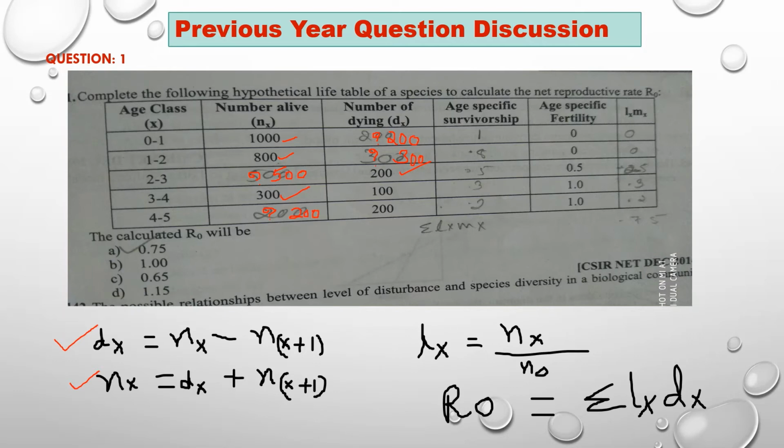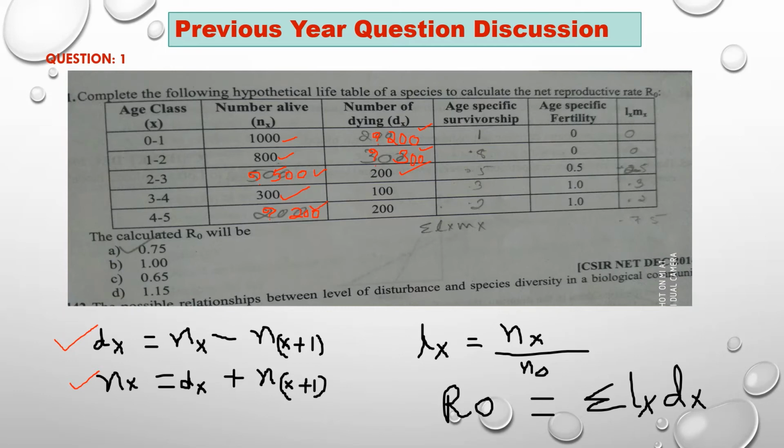So in age class 0 to 1, Dx is 200 and in age class 1 to 2, Dx is 300 and in 2 to 3 age class, Nx is 500 and in 4 to 5 age class, Nx is 200.